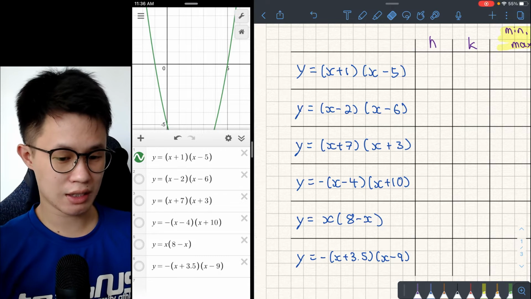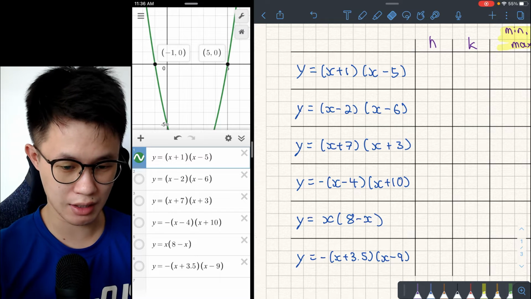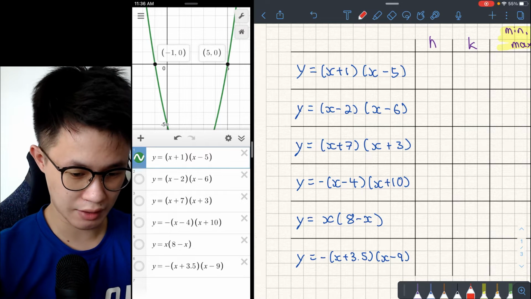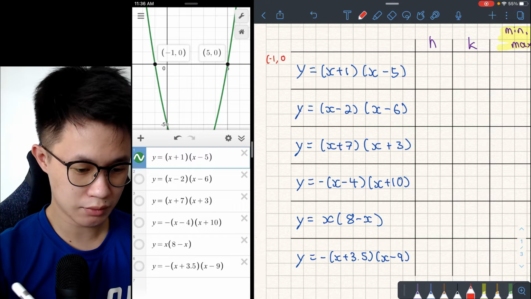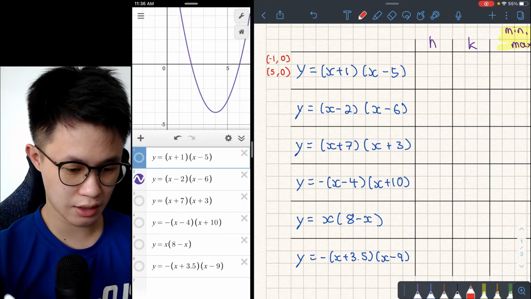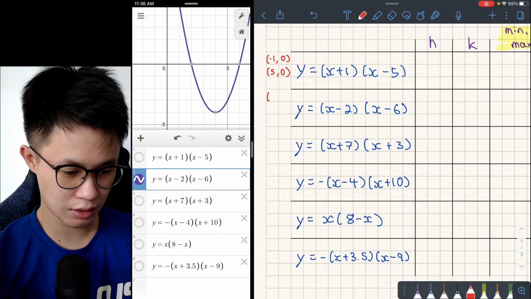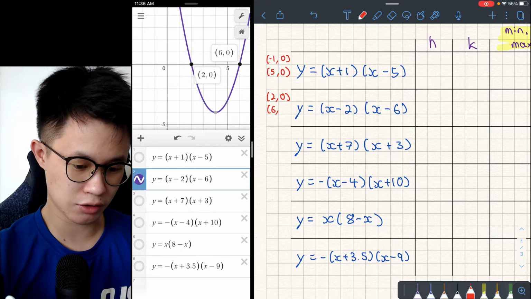For this type of graph, if I plot them, you realize that the x-intercepts are, I'm just going to write them here, (-1, 0) and (5, 0). Next, the x-intercepts are (2, 0) and (6, 0).